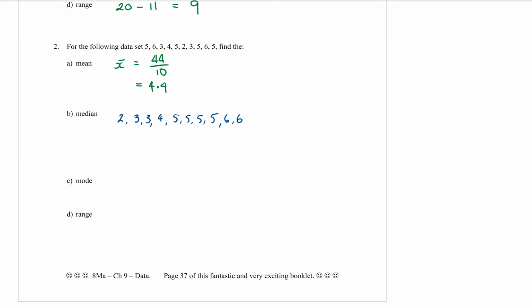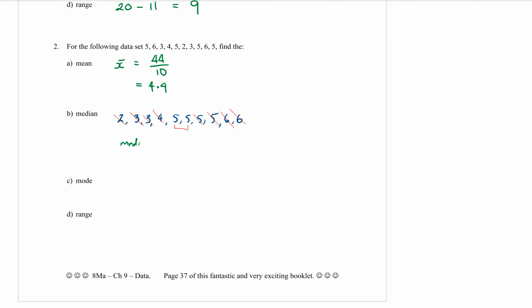To find the middle, we start crossing off, 1 from each end. The 2 and the 6 get crossed off. 3 and the 6 get crossed off. 3 and a 5 get crossed off. 4 and a 5 get crossed off. And now I only have 2 numbers left. I can't cross them off. Because there are 2 numbers, you average them.